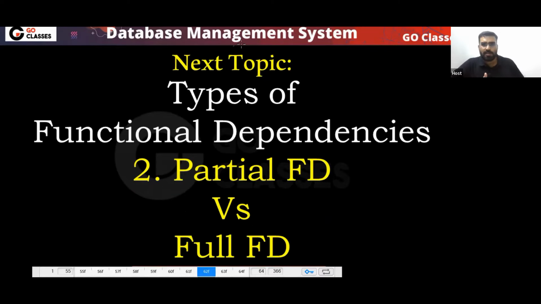In all the concepts that we study, like partial dependency, transitive dependency, 2NF, 3NF, BCNF, we will consider the non-trivial functional dependencies where the RHS has a single attribute.